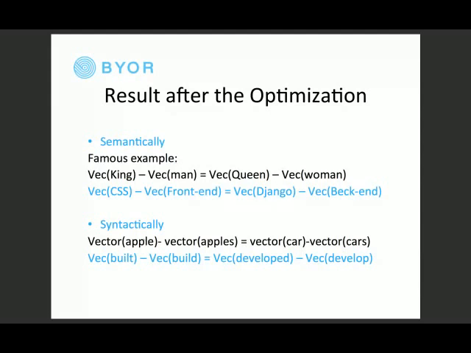Singular, plural is captured, and also the tense is captured. And what's captured in this co-occurrence statistics is fascinating. All that information is in this vector space, even though we didn't provide any information about their semantics.